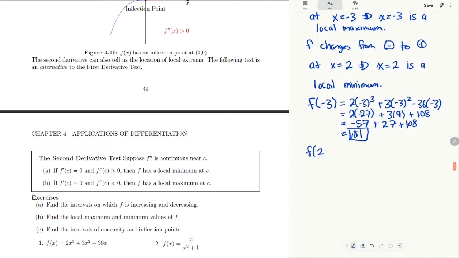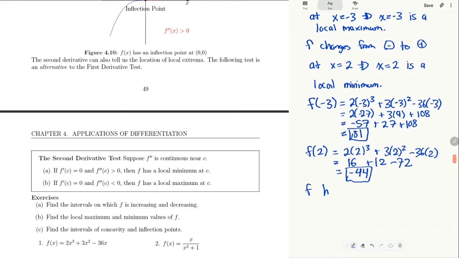And f of 2 is 2 times 2 cubed plus 3 times 2 squared minus 36 times 2. So this will be 16 plus 12 minus 72, which is negative 44.